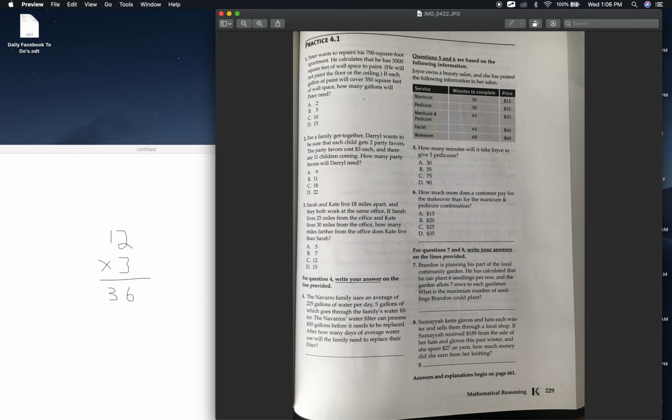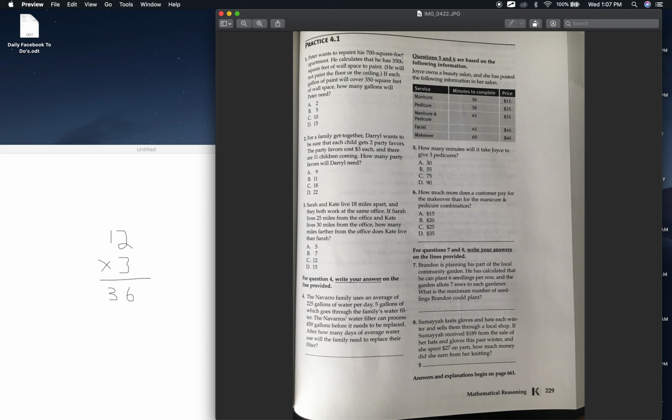Okay, so this one, there's extra information as well, so let's try and figure that out. So Peter wants to repaint his 700 square foot apartment. He calculates that he has 3,500 square feet of wall space to paint.